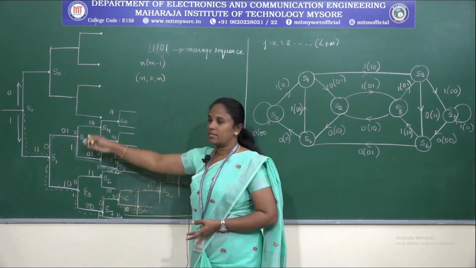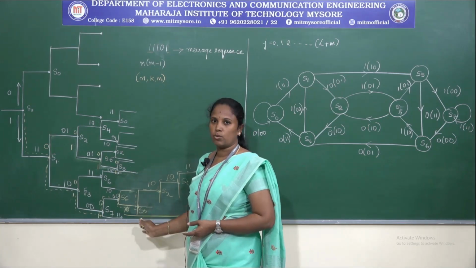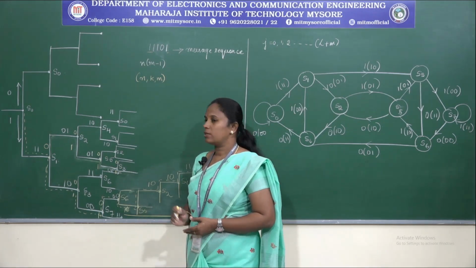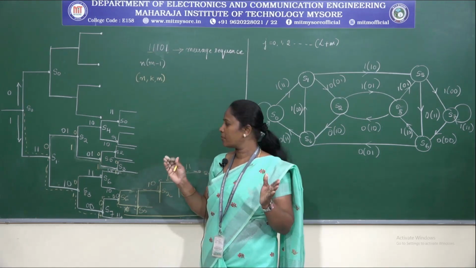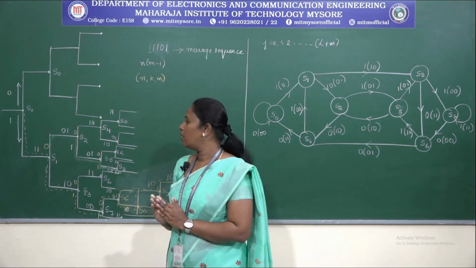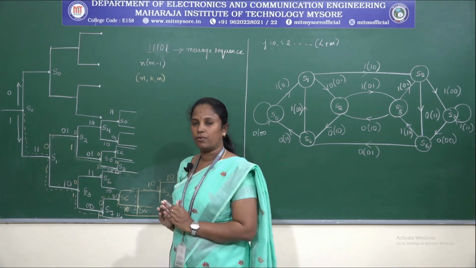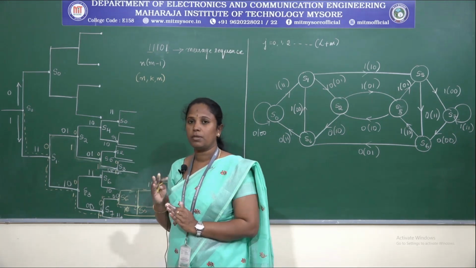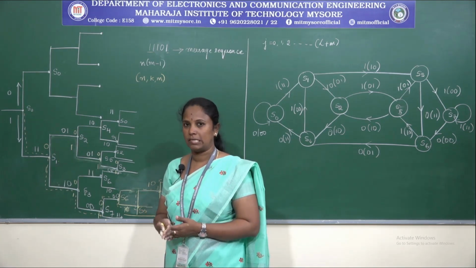The complexity is more in representing the code tree, and writing the code tree is a bit complex. In order to eliminate this complexity, all the encoder codes that we found using the code tree can be represented in a simpler form using the code trellis or the trellis diagram.